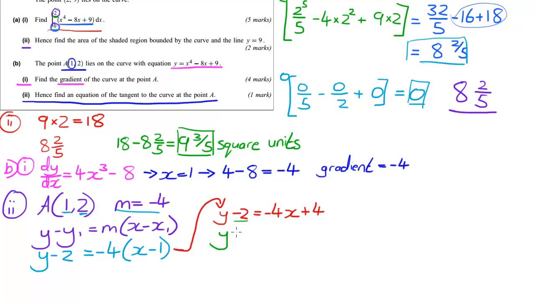Let's add 2, so we get y equals minus 4x plus 6, and then you can leave it like that, or you can leave it in actually any form you like, because they haven't asked for it in a specific form. Sometimes they say we want it in the form ax plus by plus c equals 0, but they haven't asked for that on this occasion, so you can leave it in whatever form you feel most comfortable with.